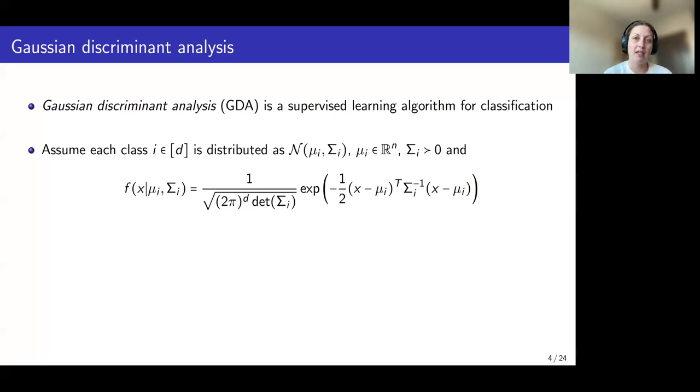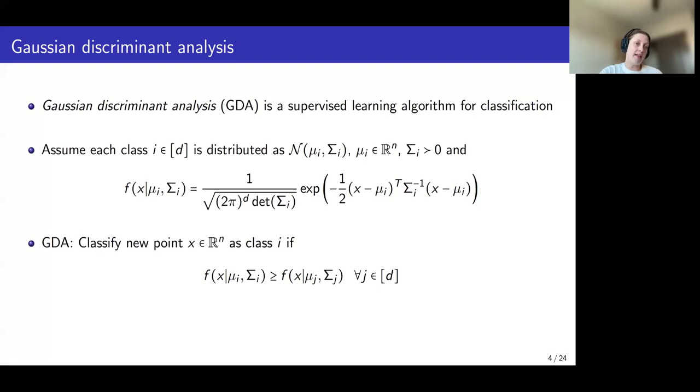We assume each is distributed as a Gaussian with mean mu_i and covariance matrix sigma_i. Given your labeled data, you can fit an n-dimensional Gaussian to it, and you assume that your data came from a distribution with this exponential density.